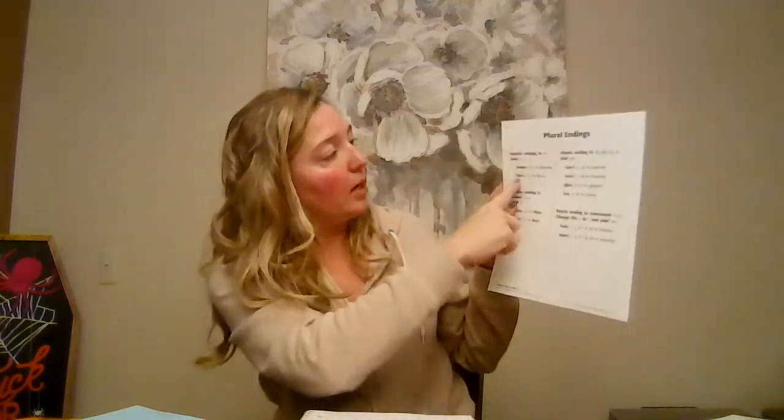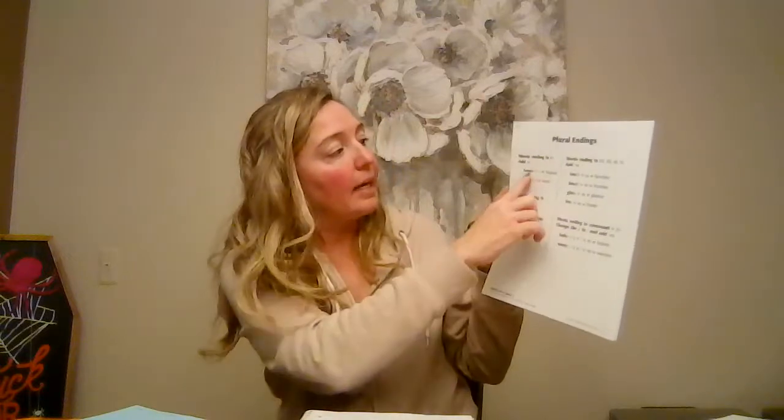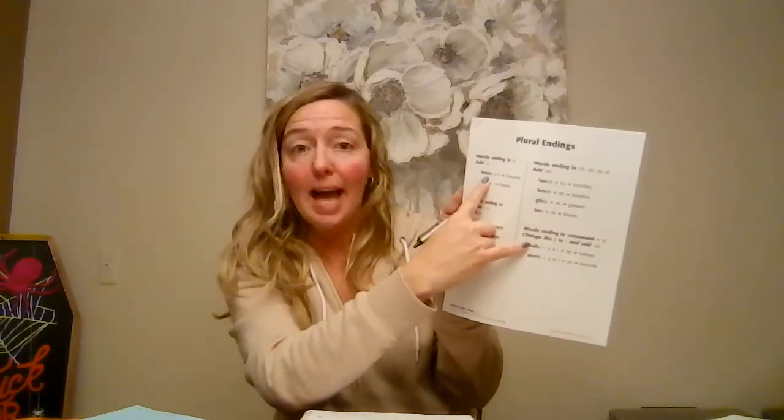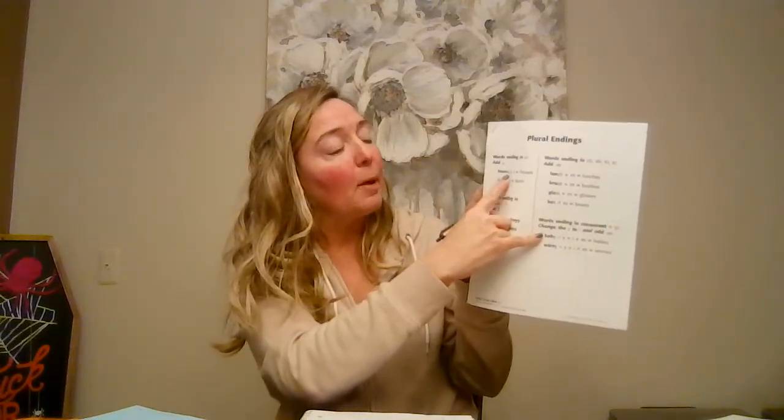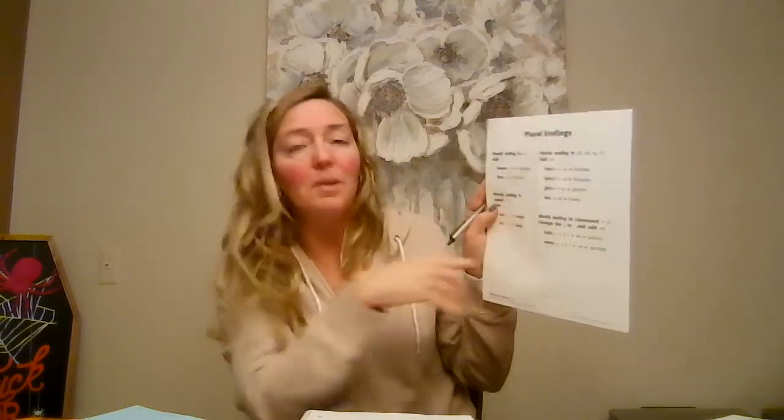If you look at the beginning here, it says words ending with E. We just have to add an S to it. So if the word ends with an E already, like in the word house, it ends with the letter E, we just add the letter S to make it houses. It makes it plural. Plural means more than one.